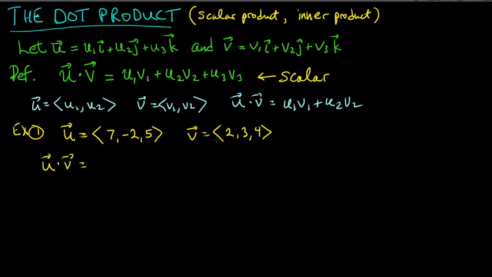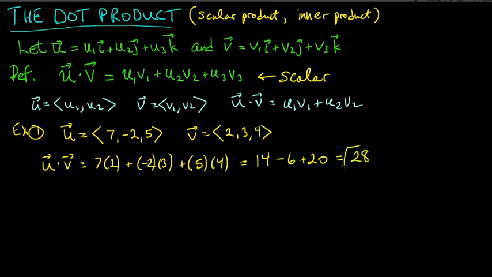Well, u1 times v1 is just 7 times 2, plus u2 times v2 would be -2 times 3, plus u3 times v3 is 5 times 4. So what do we get? 14 minus 6 plus 20. So 14 minus 6 is 8. 8 plus 20 is 28. As promised, you get a number, right? So the dot product of two vectors is just a scalar, a number, right?